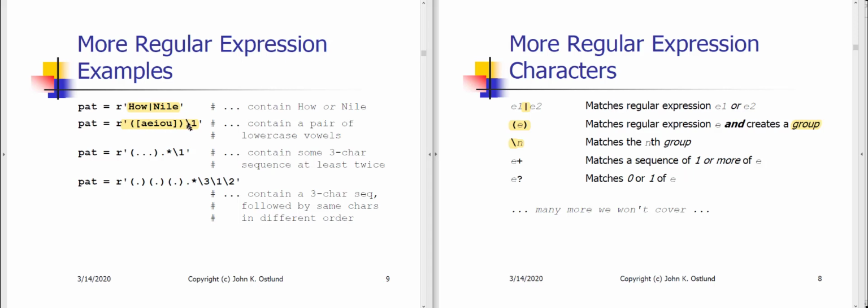And by using \1 here, what we're saying is we also have to have exactly that same lowercase vowel again. So this time we are looking for two identical lowercase vowels side by side.